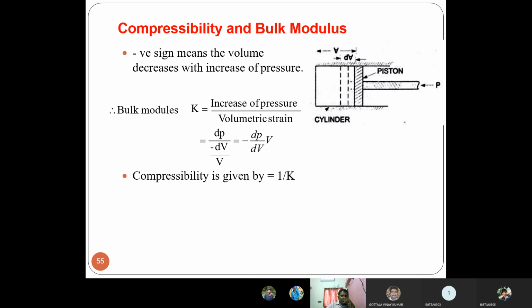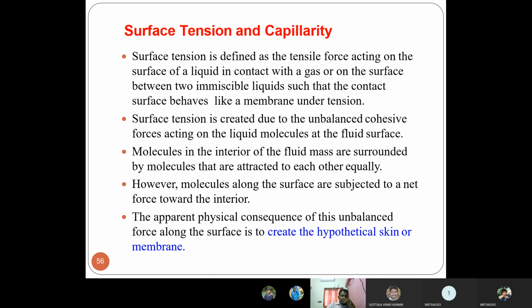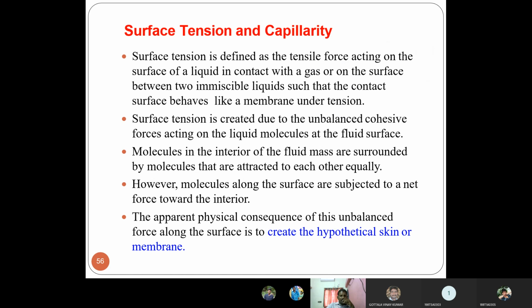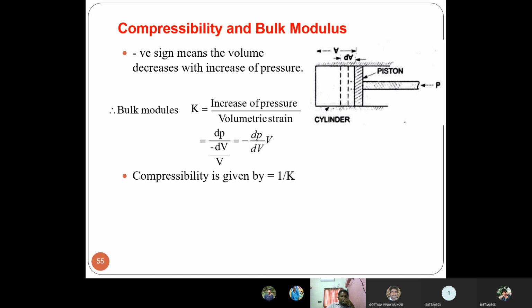So bulk modulus is the ratio of increase in pressure to the volumetric strain. Increase in pressure is dP. Volumetric strain is minus dV by V. So in simplification, we can write K equals dP by dV into V. This is the bulk modulus expression.